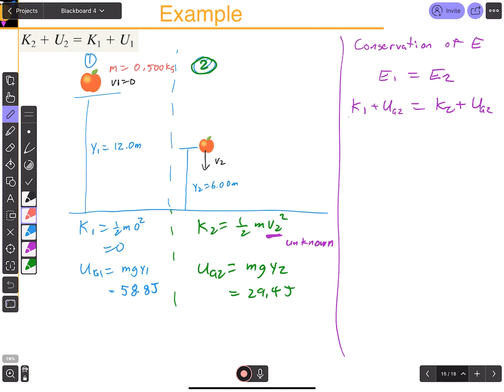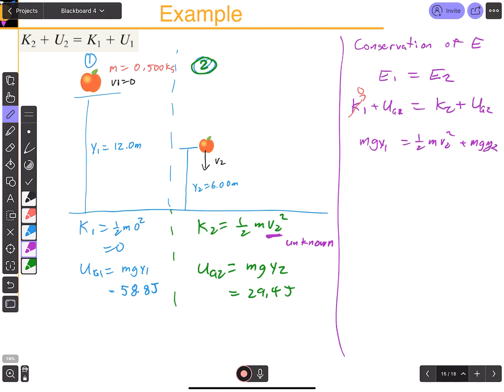And which of these is 0? Well, it starts at rest, so that's 0. So now we have UG2 here. MGY1 is equal to 1/2 MV2 squared plus MGY2.